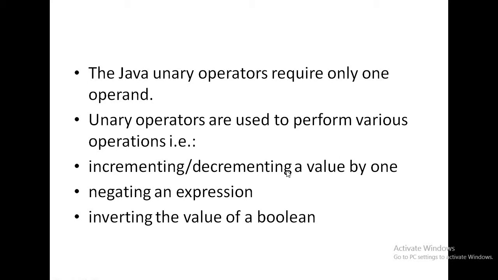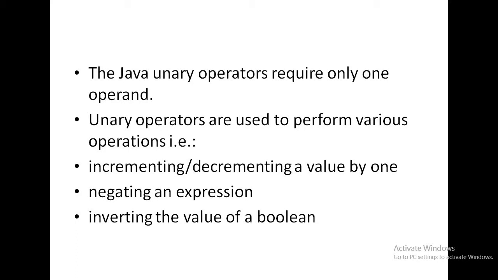If I want to increment the value of the variable by 1, or decrement the value of the variable by 1, then I can use the unary operator, which is the increment or decrement operator. Then negating an expression.